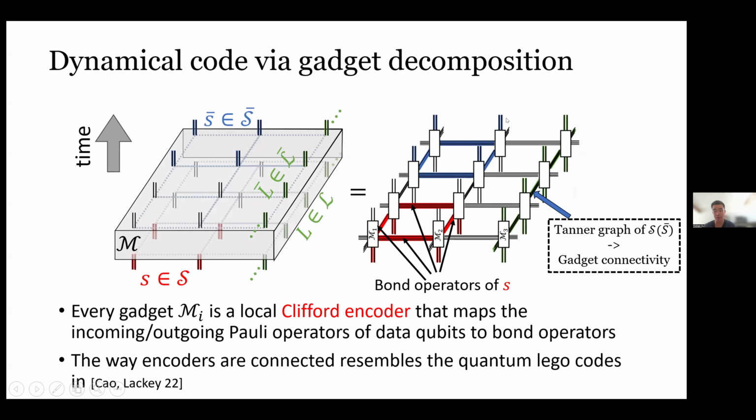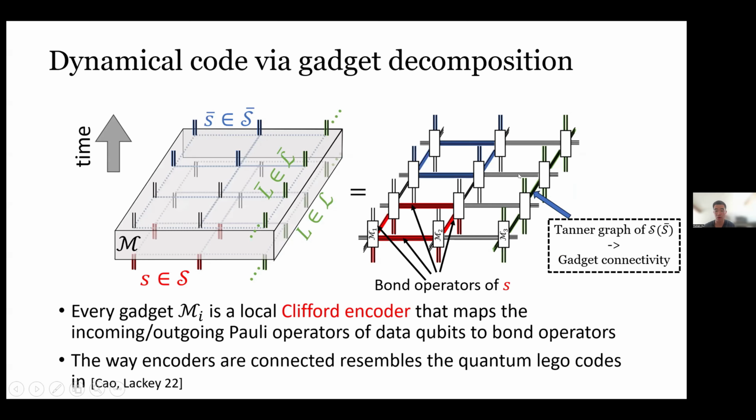A reminder that the time now goes from bottom to up. So this is our giant black box that we demand to have these three functions, right? It measures the incoming stabilizers, it generates a set of outgoing stabilizers, and it preserves logical information along the way.